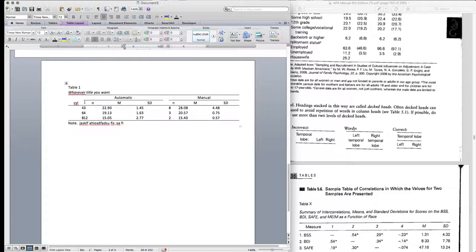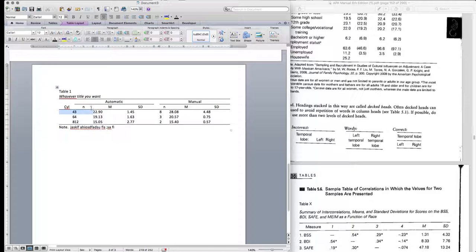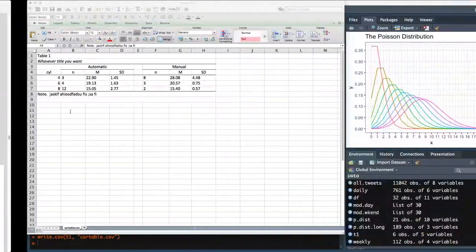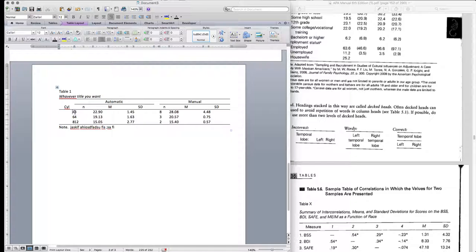But anyway, once you adjust that padding stuff, then it's not a problem anymore. And why did this not copy my cylinders? Oh, it did, but it's just because I didn't. There we go.